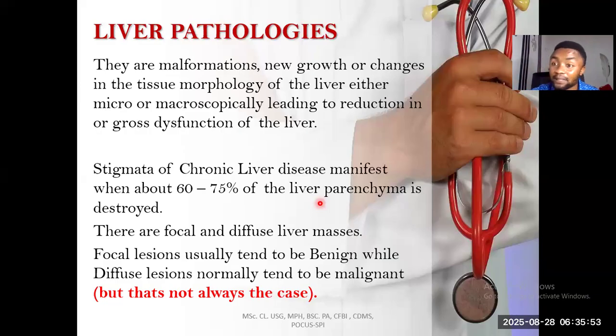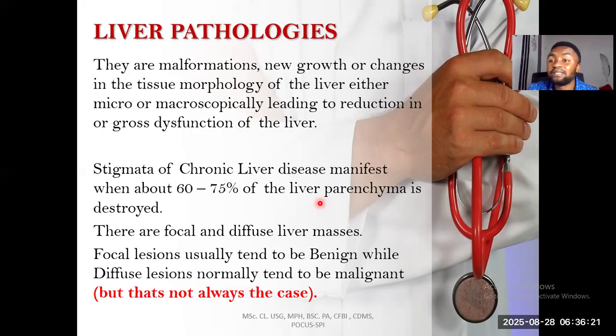You can be there with a liver condition and you won't see anything. 50% of the liver will be damaged completely, still nothing will show, because the rest of the 50% will be able to take care of your body. 60% damaged, still nothing will show. At 70%, then it will start. Mostly more than the 70, then the signs will start.